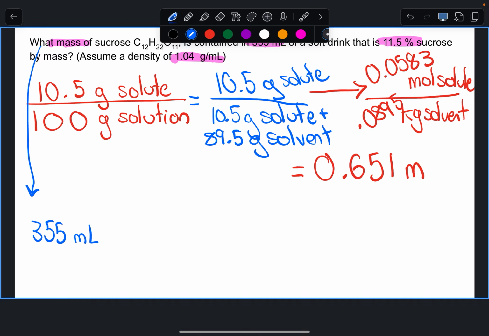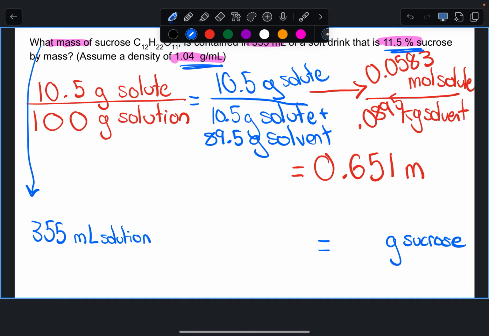We're looking for grams of sucrose, so we're going to do our regular dimensional analysis to get from milliliters of solution to grams of sucrose. We must be using the density and the concentration unit to get us there. Those are going to be our conversion factors.